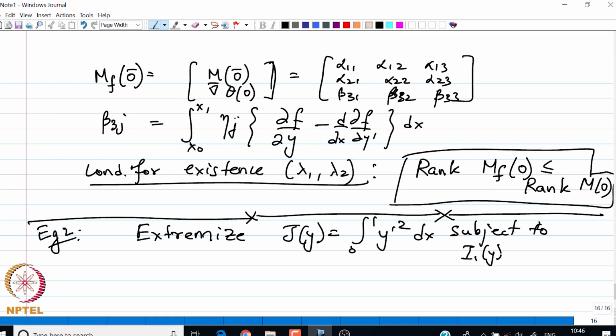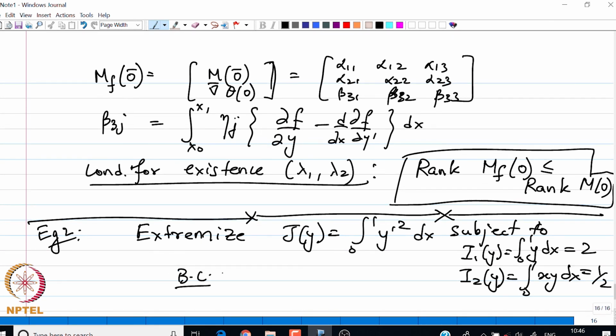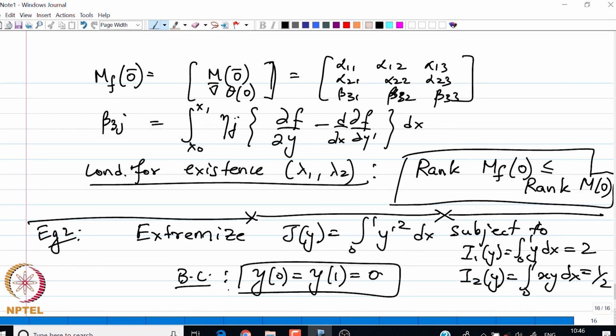We have two constraints: I 1 of y is the integral from 0 to 1 of y dx, and I 2 of y is the integral from 0 to 1 of x y dx, and I set the first constraint I 1 equal to some value, and the second constraint equal to half. Further, we also have a set of fixed boundary conditions. We have two boundary conditions, y of 0 equal to y of 1, which is equal to 0. Okay. So, we need to extremize J subject to the two constraints I 1 and I 2.